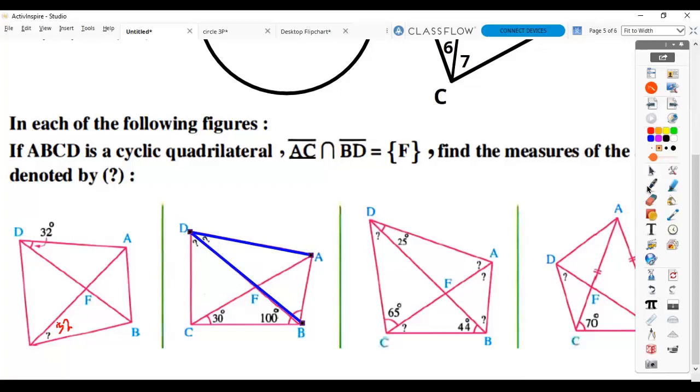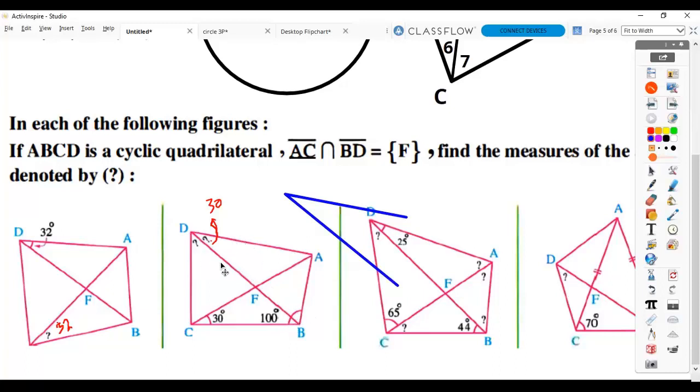So this one will be equal to 30, and the same with 100. 100 here is not just this, it's all of this.